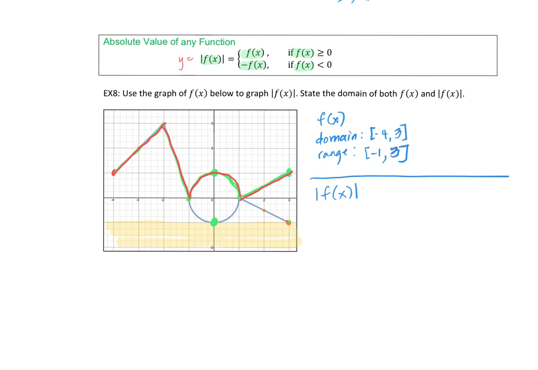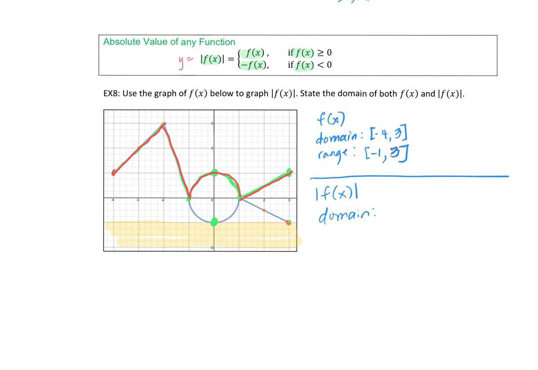Let's look at our domain and range for the absolute value of f of x. So the domain, again, those are our x values. That didn't change. The reason it didn't change is because we are changing our y values by flipping the graph, but the x values remain the same.